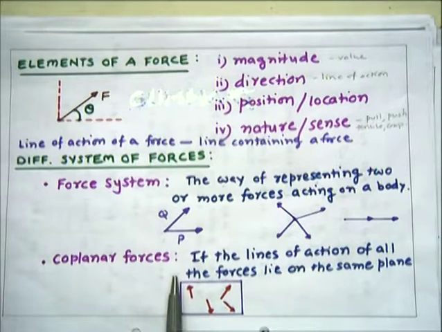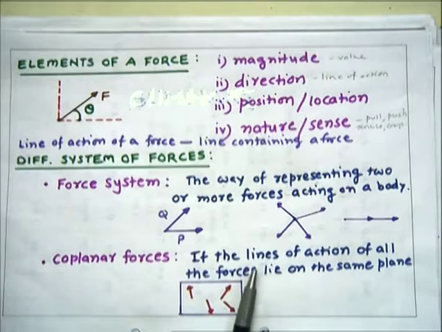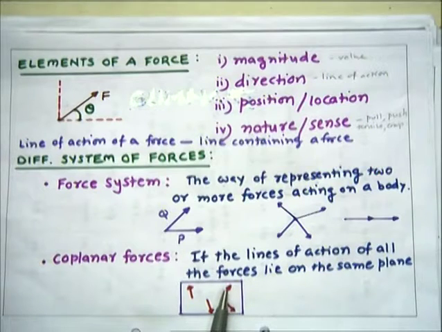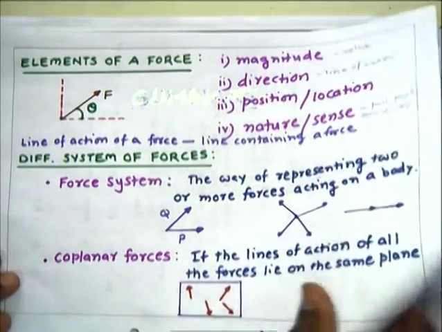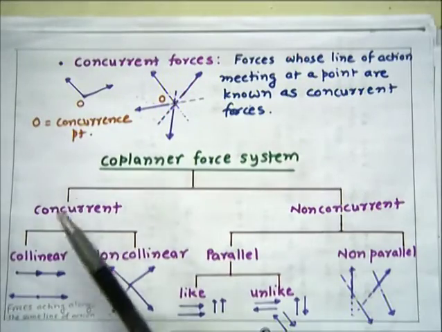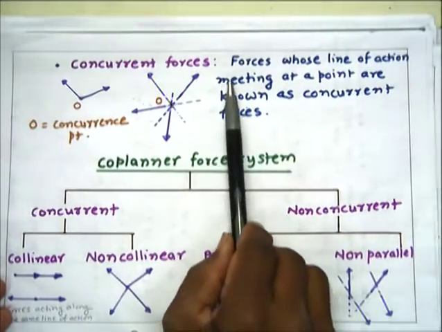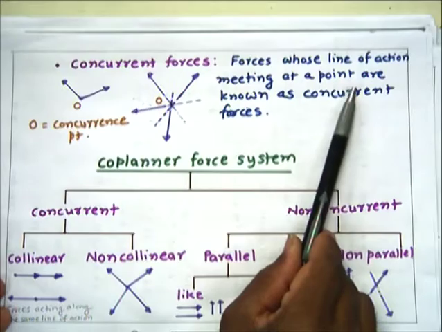Coplanar forces, as we discussed, if the lines of action of all the forces lie in the same plane, then all the forces are known as coplanar, means forces lying in the same plane. So here these are the forces lying in the same plane, so these are known as coplanar. Concurrent forces means forces whose lines of action meet at a point.